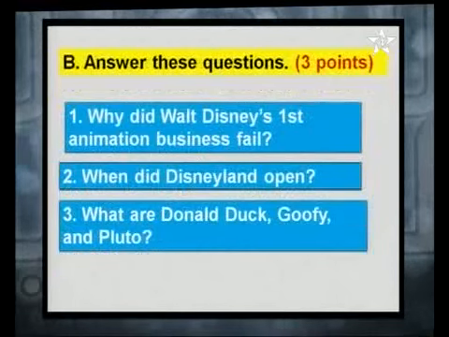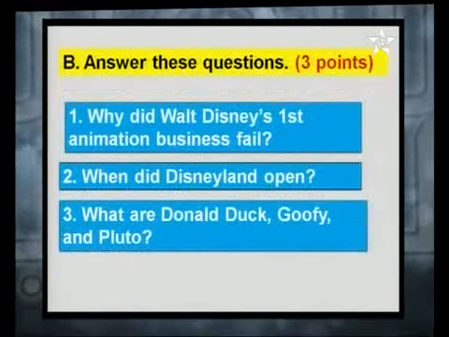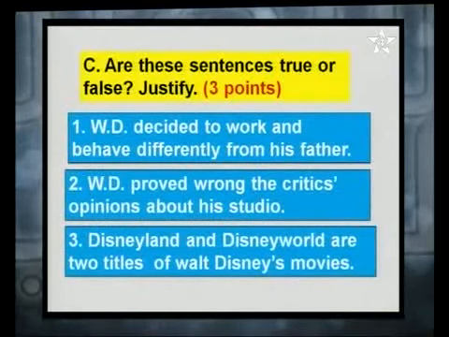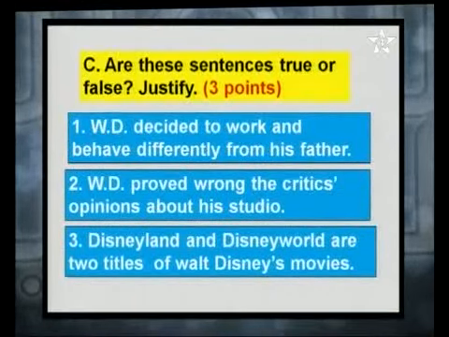Now, question B. It says, answer these questions. So this is the type of questions you're given on the exam. Question C. It says, are these sentences true or false? Justify. This takes 3 points. If you find good answers, you get 3 points, that is to say, 1 point for each answer.